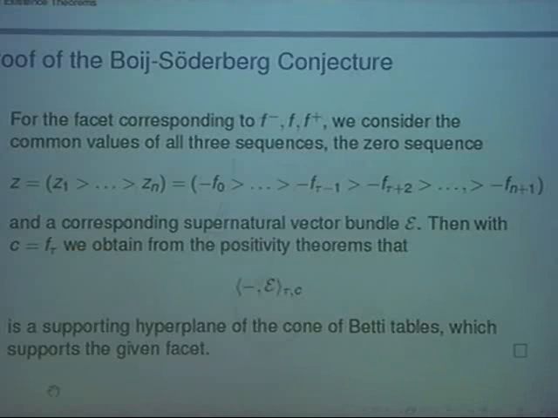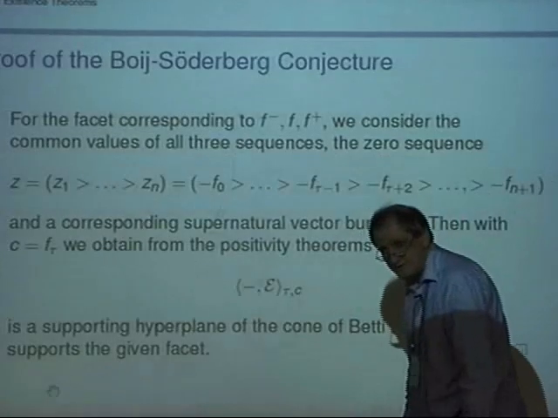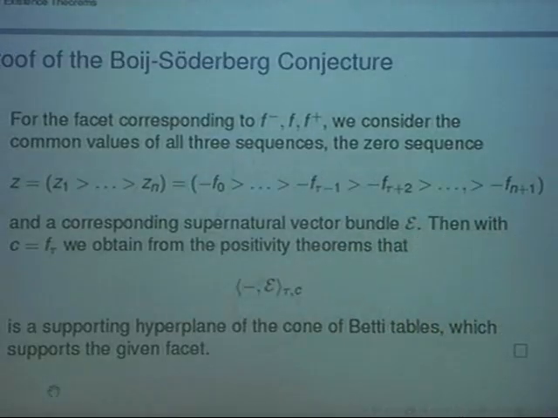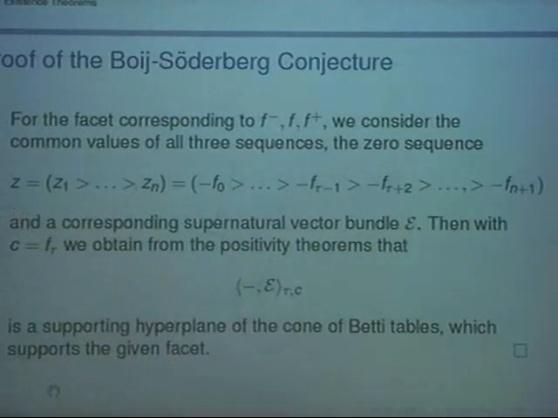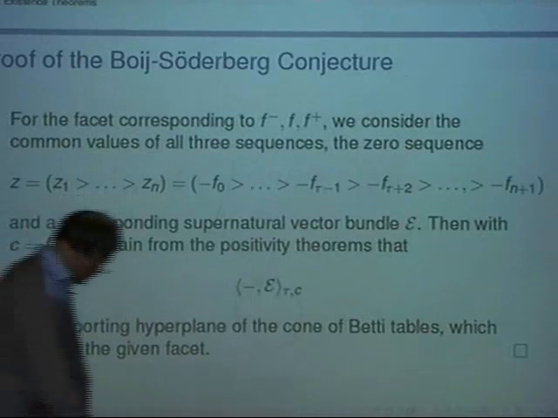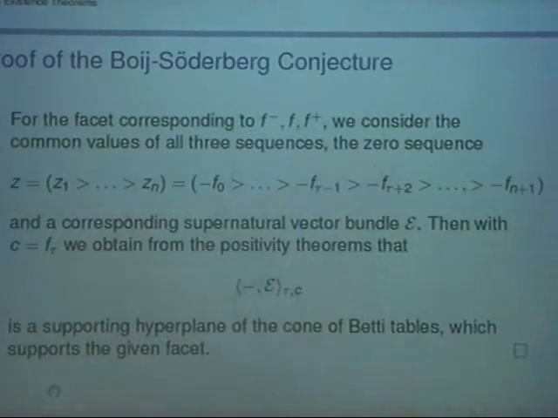So we omit two terms, the f tau and the f tau plus 1 term. This is just the right number of terms for a degree sequence, z1 up to zn. And we take a supernatural vector bundle with that degree sequence, and then we take the truncation with tau, and c is f tau. And it turns out that this is going to be the facet equation.